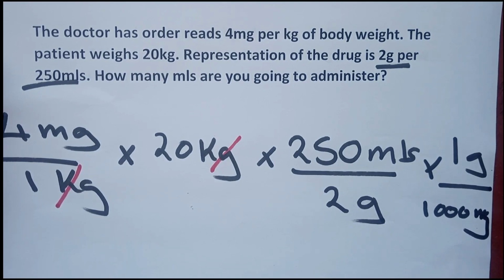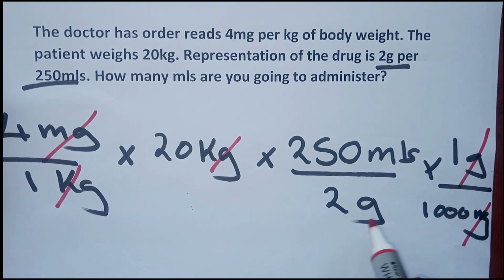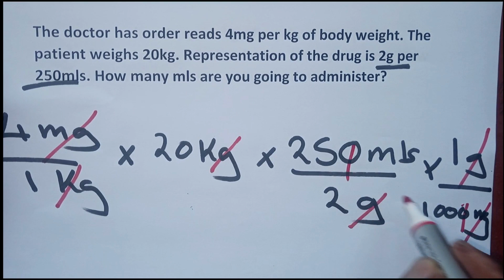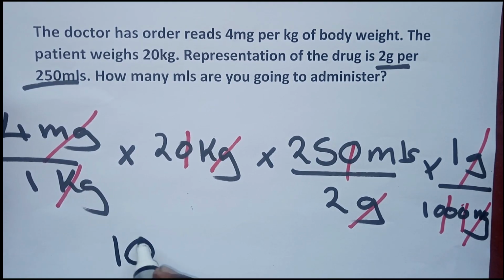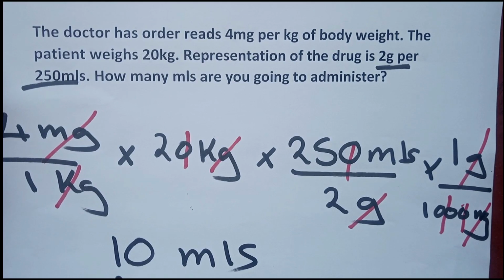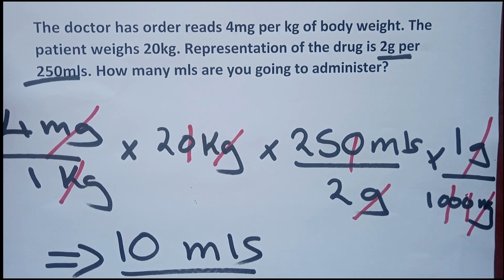This will give you a way to cancel out milligrams, and the grams will go. Then, for the sake of simple mathematics, you cancel out zeros. What you remain with, if you multiply, is that you are going to administer 10 mils to the patient. So this will be your final answer after your calculation: 10 mils.